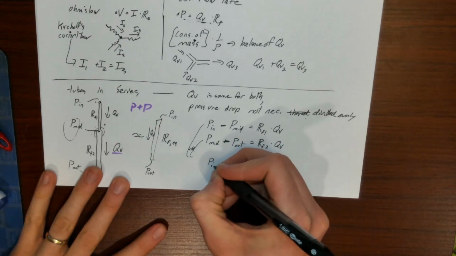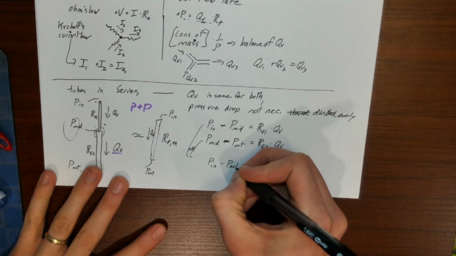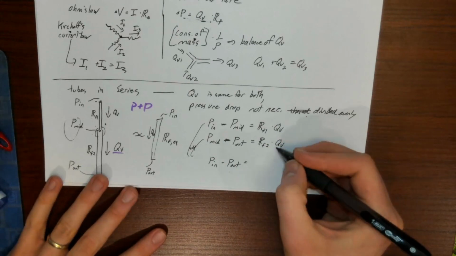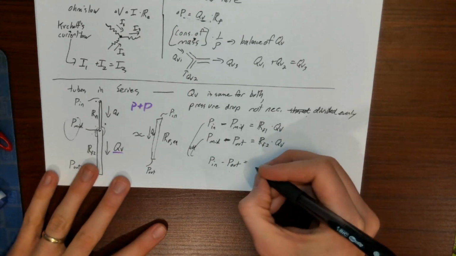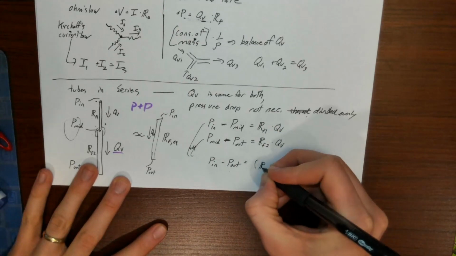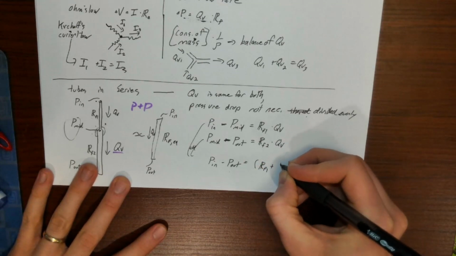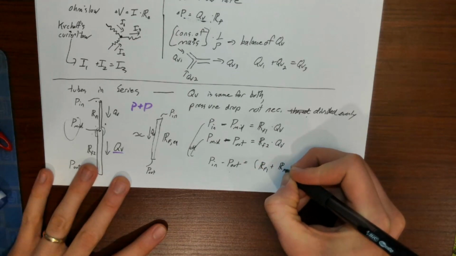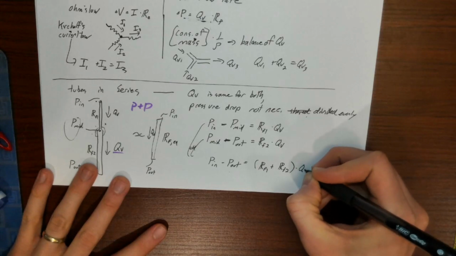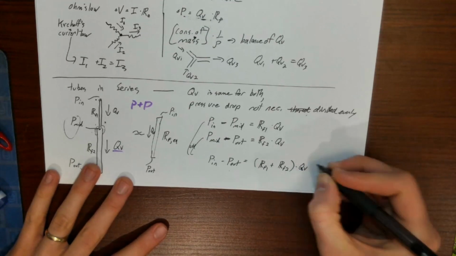So I end up with P in minus P out is equal to, they both have a volumetric flow rate, so I can factor that out, and I end up with the fluidic resistance of 1 plus the fluidic resistance of the second one times the volumetric flow rate.